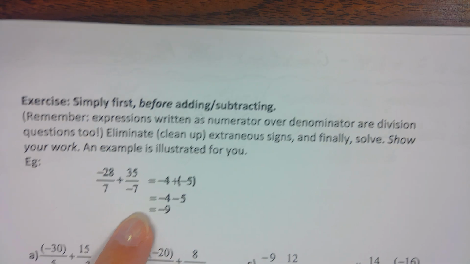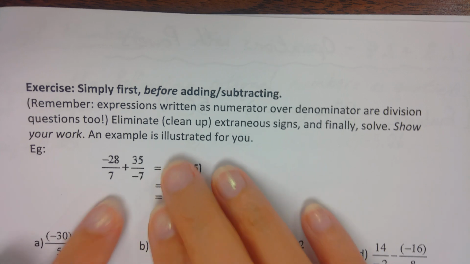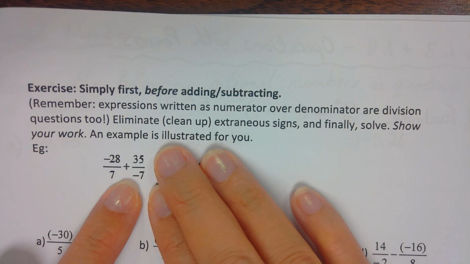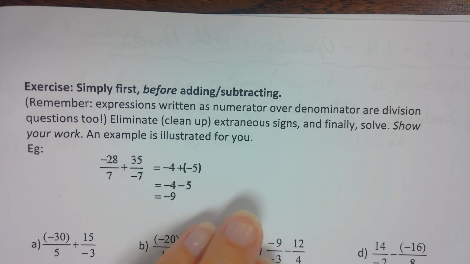Okay, the very last thing I wanted to go over is this. When we do a lot of fraction questions at once, the first thing you might think when you see this is, okay, they have the same lowest common denominator.